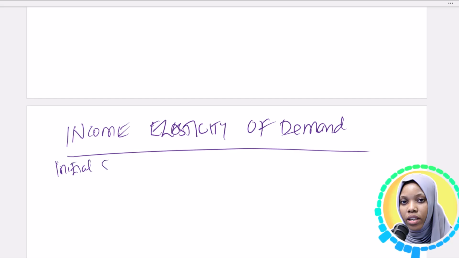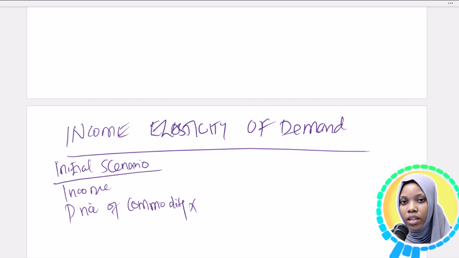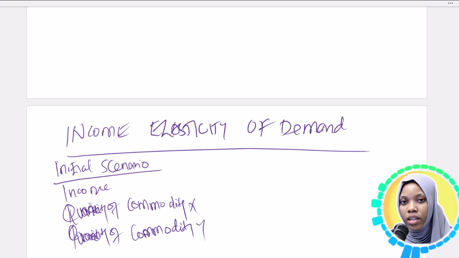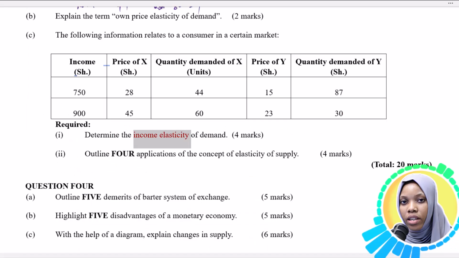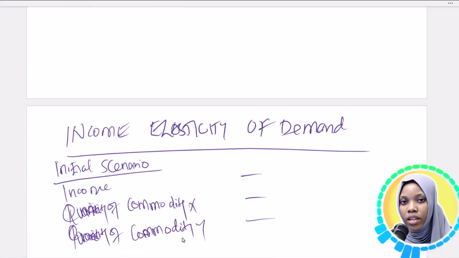Initial scenario. The income, the quantity of commodity X, and the quantity of commodity Y. So let's go back to question C. Our initial income is 750 shillings.